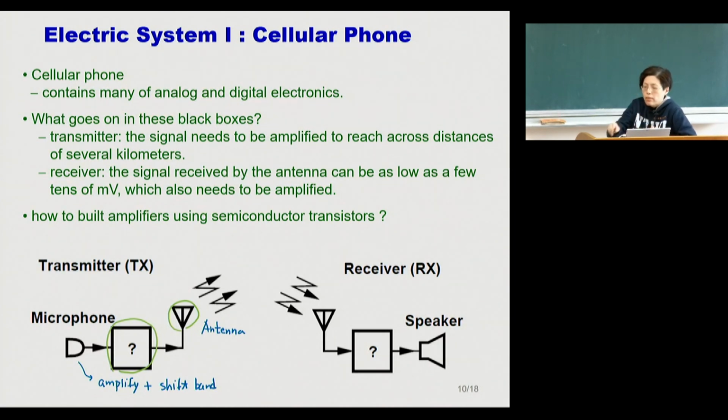Now we talk about 5G, 5G is gigahertz. So this signal has to be driven in gigahertz. But the signal coming in is in kHz, maybe 20 kHz if I'm not singing. So you have to use what we call the mixer. You want to modulate it into high frequency, and then drive it out.